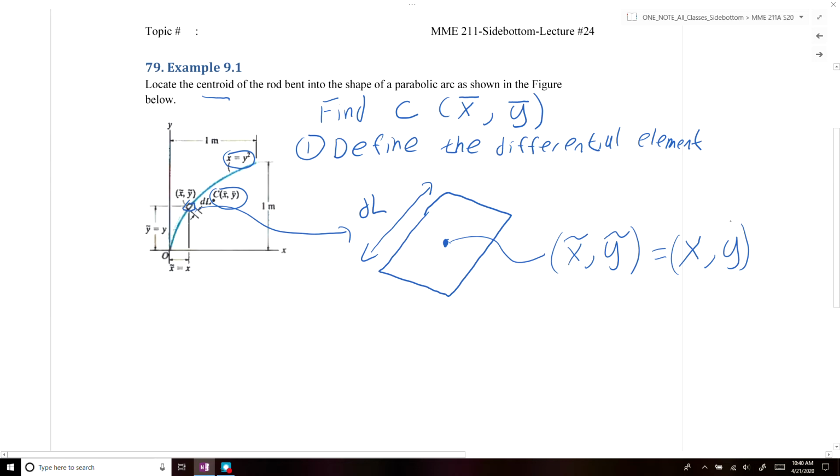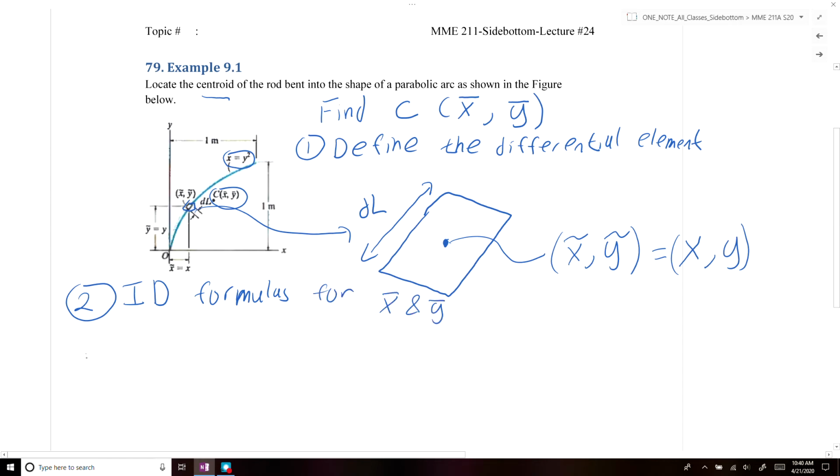After we define our differential element, the second thing we need to do is identify the formulas that we need to determine x bar and y bar.